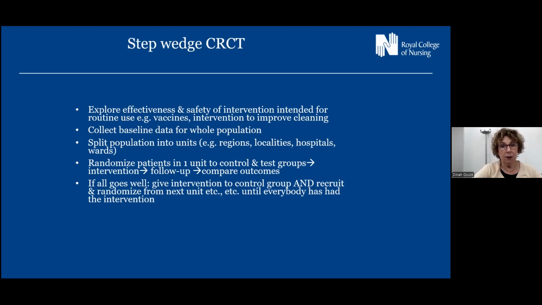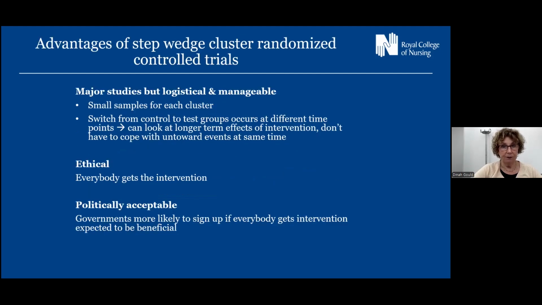We split the population into units, often hospitals or wards. We randomise the patients in one unit to the control or the test groups, and we do an intervention. We follow people up. And if all goes well, then we repeat the process in the next unit, the next hospital, and then the next hospital, and then the next hospital. And we randomise as we go along, so everybody gets the intervention.